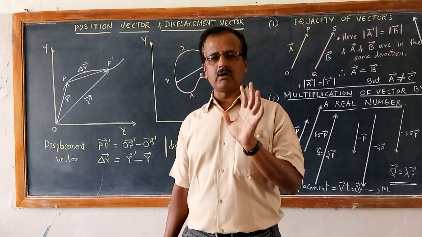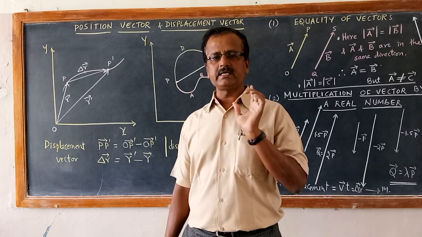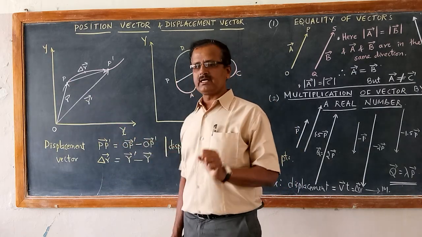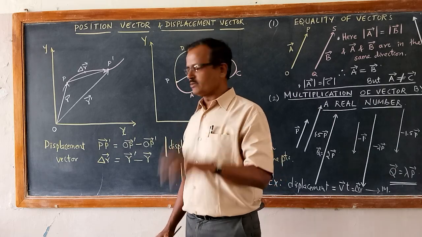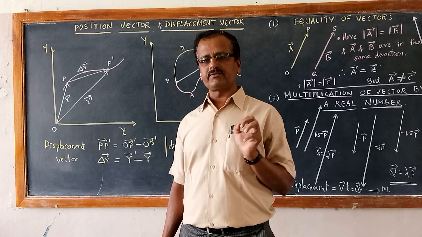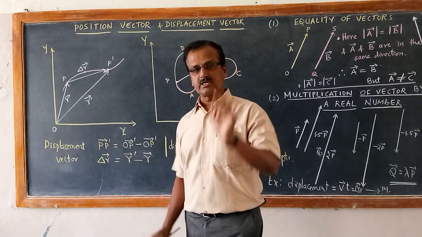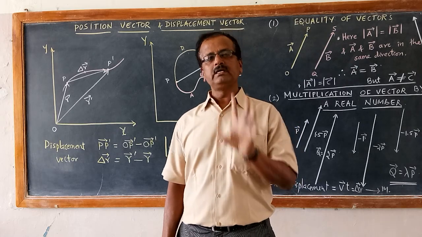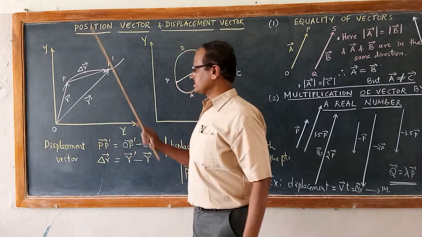The arrow mark indicates that it is a vector quantity. So this vector quantity R is called the position vector. Position vector is the position of a particle at a given interval of time, which is always measured from the origin. Remember, when the position is measured from the origin, it is called a position vector.